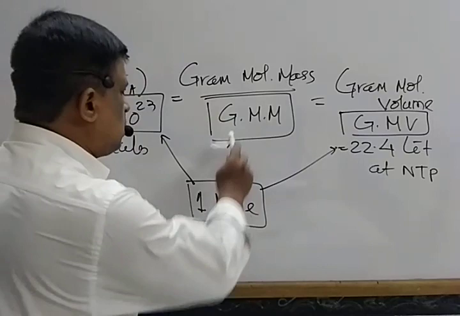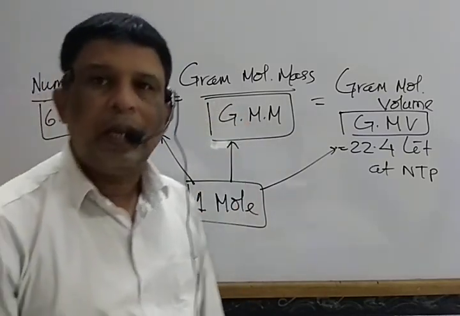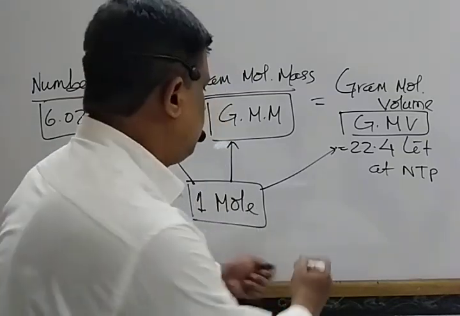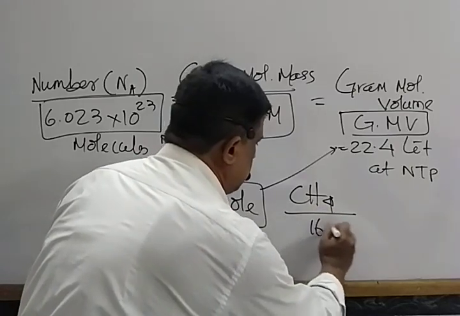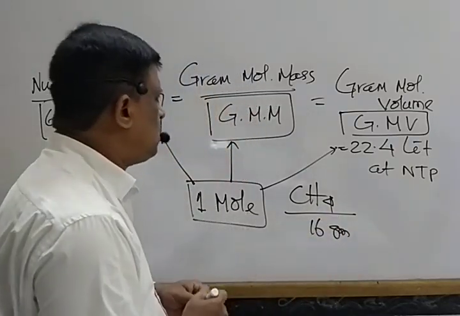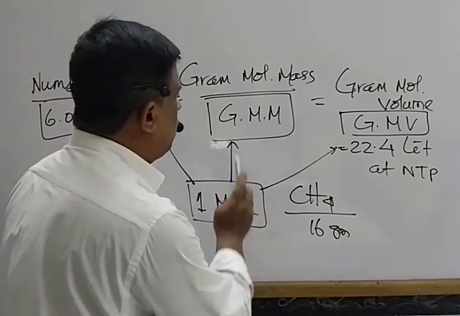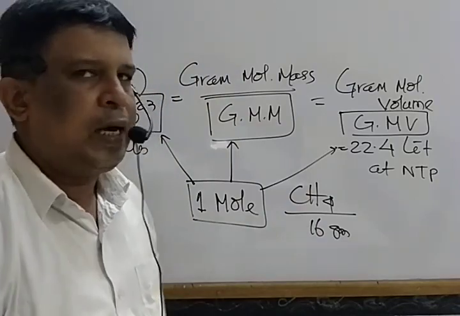Similarly, the relationship between mole and gram molecular mass. If we select CH4 methane, mark that, CH4, its molecular mass is 16 gram. That means we deduce a relationship: the mass of 1 mole of methane molecule is 16 gram.